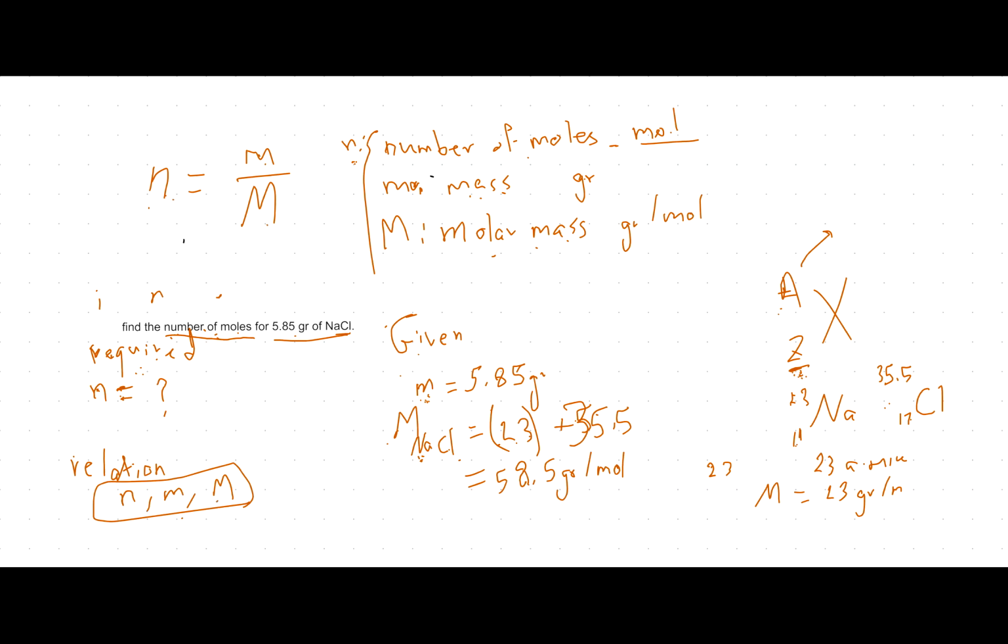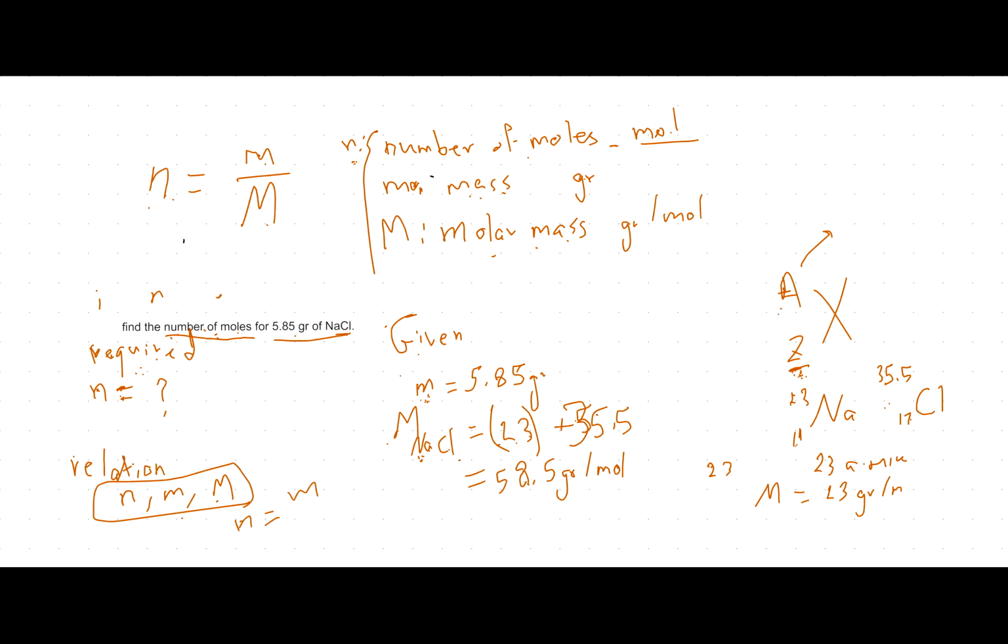Yes, Safa. For the relation, do you write molar mass and then equals the answer? For the relationship, I need the molar mass. Here I just say n equals m over molar mass.